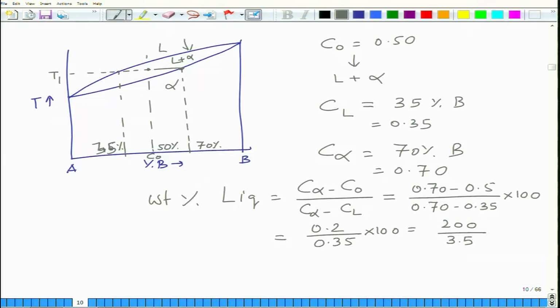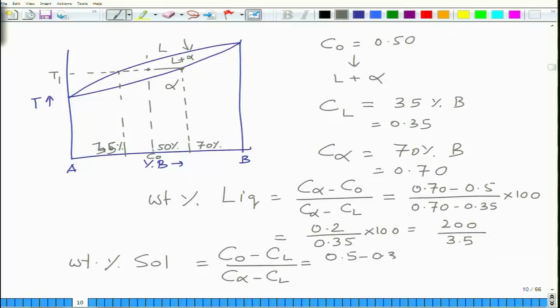Okay. So, this is 200 divided by 3.5, and weight percent of solid will be equal to C naught minus C liquid divided by C alpha minus C liquid, that is equal to 0.5 minus 0.35 divided by 0.70 minus 0.35 into 100, and this is equal to 15 divided by 0.35.